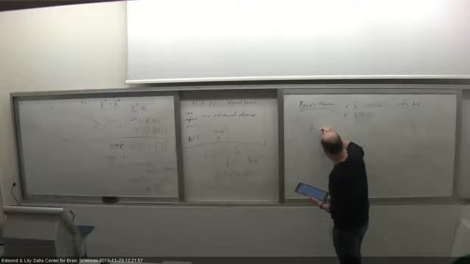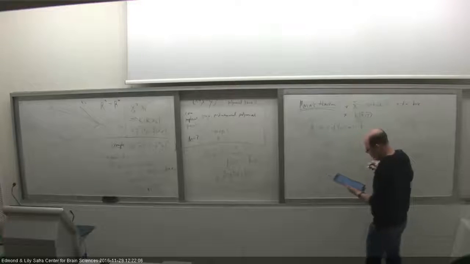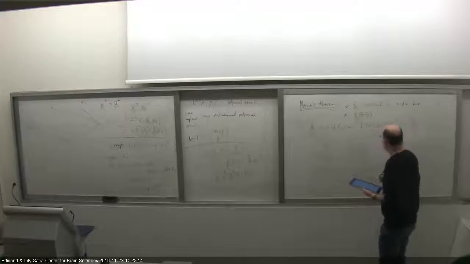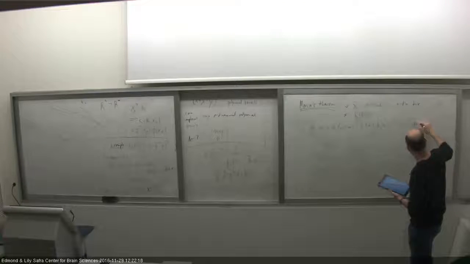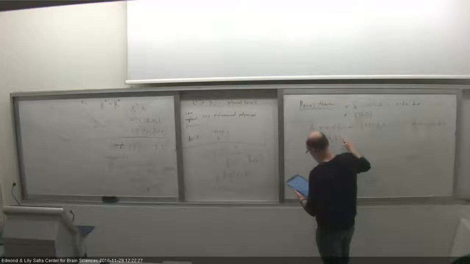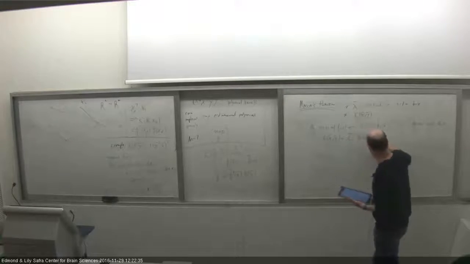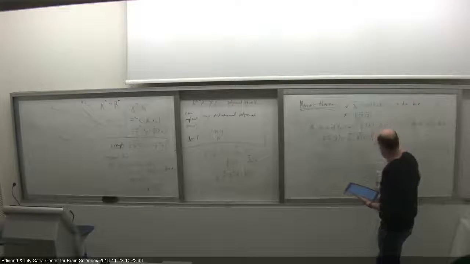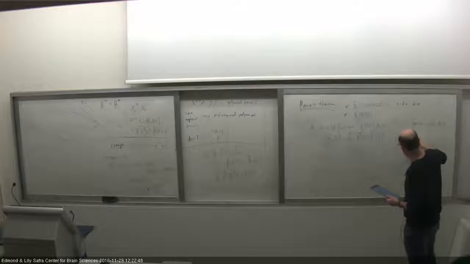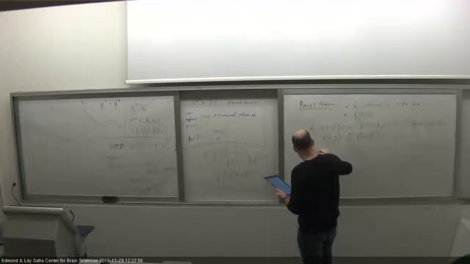So the theorem states that a series of functions phi 1 of x, phi 2 of x, and so on, exists such that k of x, y is equal to the sum over i of phi i of x transpose phi i of y, if and only if, so one condition is something that I mentioned, that k has to be symmetric.